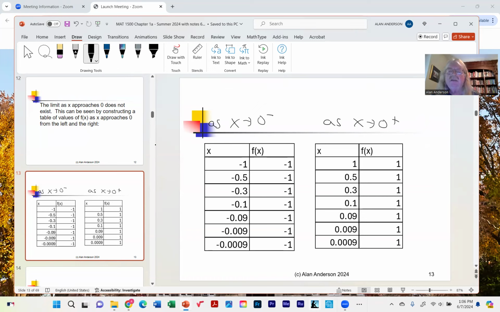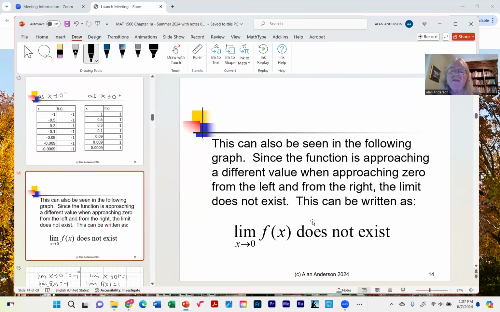So this is a case where the limit does not exist. And by the way, this is not the same thing as saying that it's equal to infinity. It does not exist. We'll see cases where the limit is infinity, positive or negative infinity, but in this case, it simply does not exist.